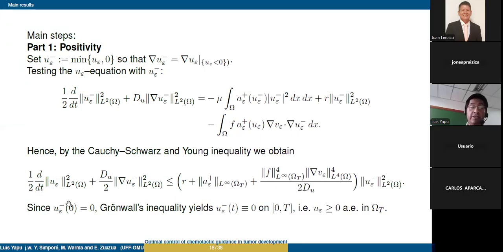We get this inequality since the negative part at the beginning was 0. So this implies, using Gronwall's inequality, that the negative part is 0 for positive time. So our solution does not have negative values, so it's non-negative.